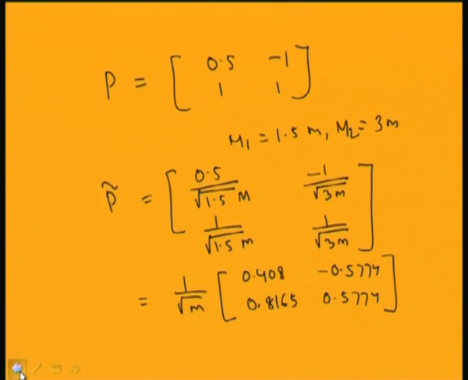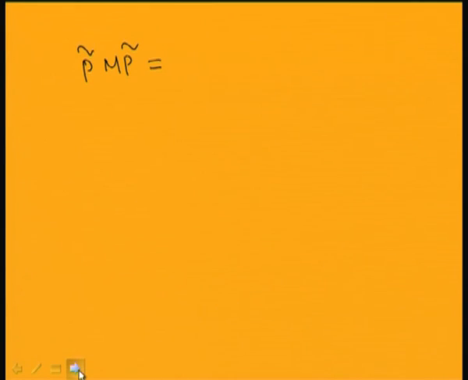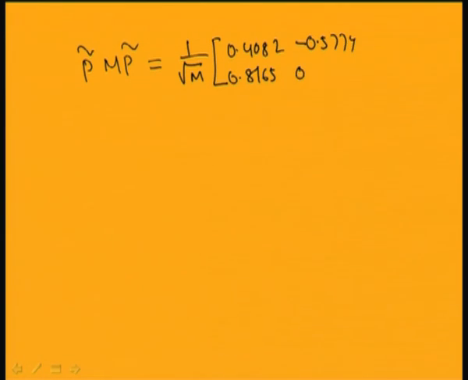P weighted modal matrix transpose M P equal to I. So, the P weighted modal matrix we have already obtained, equal to 1 by root over m, 0.4082, 0.8165, minus 0.5774 and 0.5774.